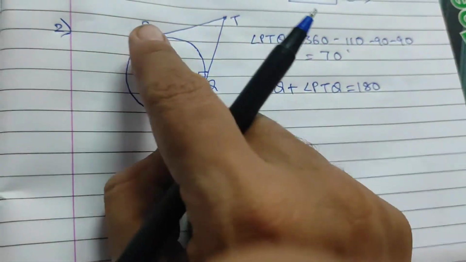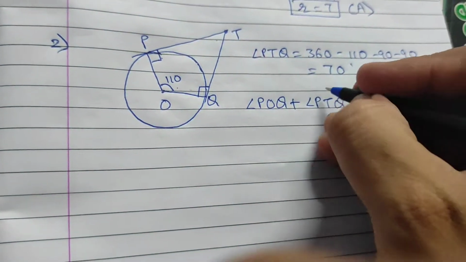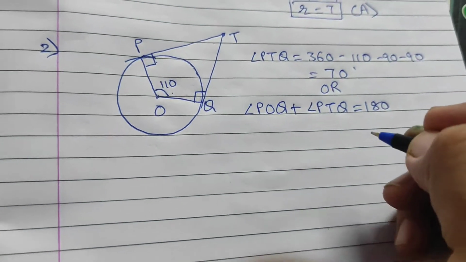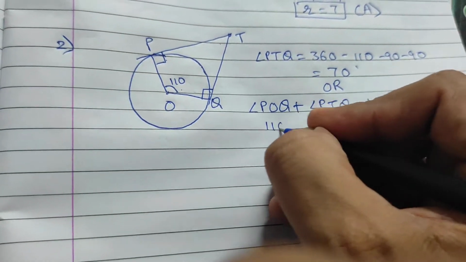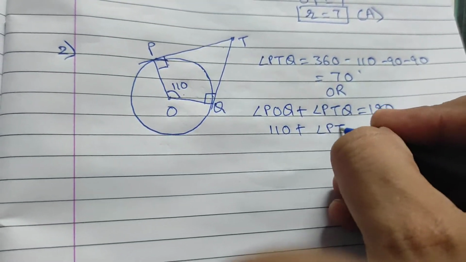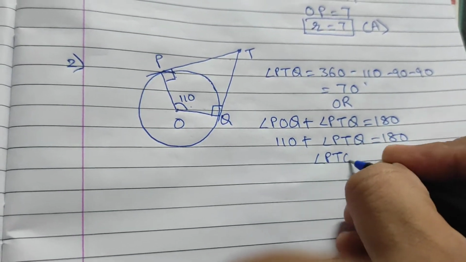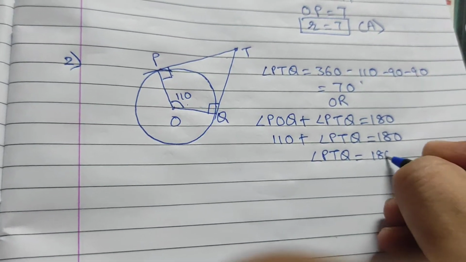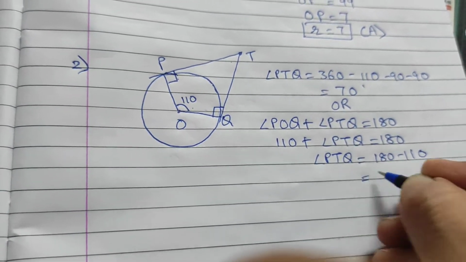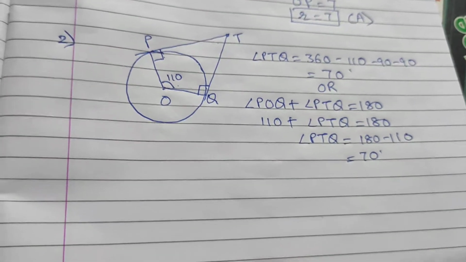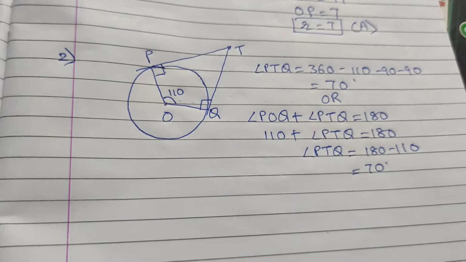So POQ 110 is given. So if you want to find PTQ, you need to subtract 110 from 180 and the answer will be 70. So this is how you will solve the second sum.